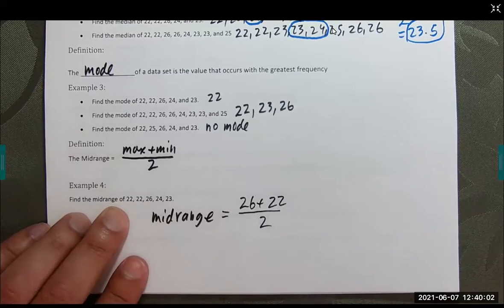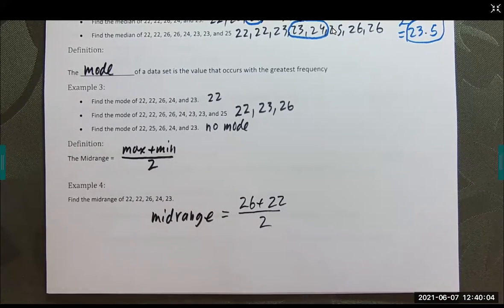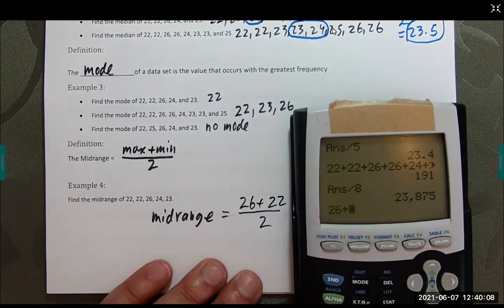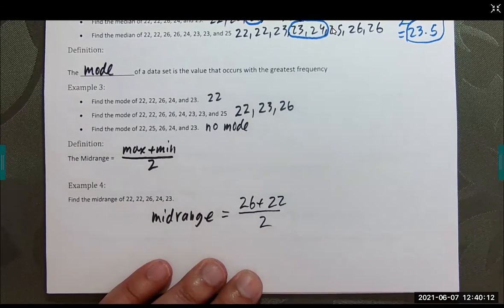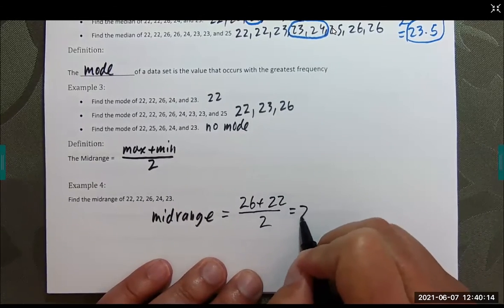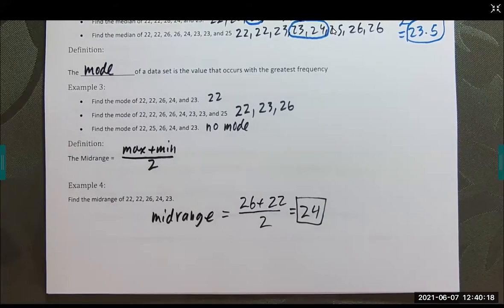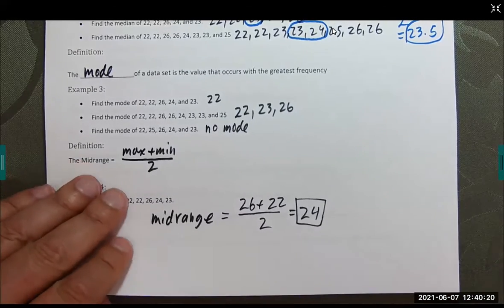It's just the mean of the biggest and smallest number. 26 plus 22 divided by 2 is 24. That is the mid-range.